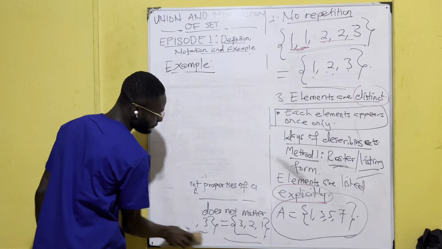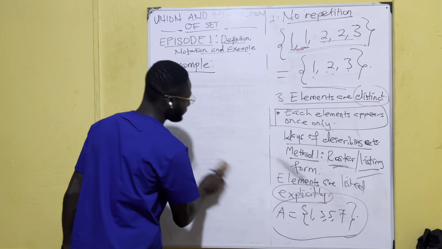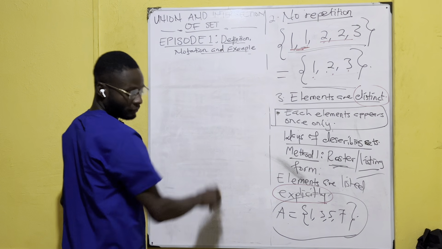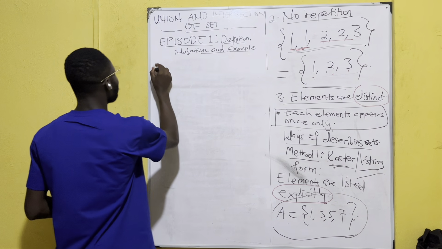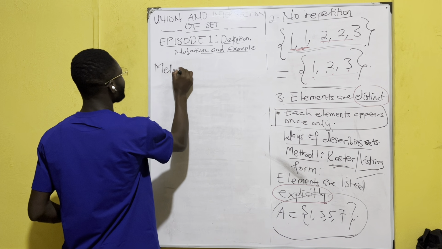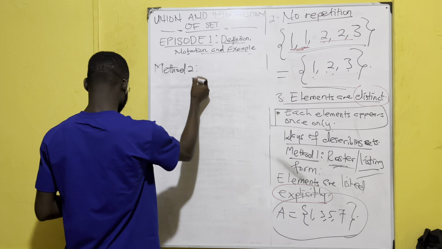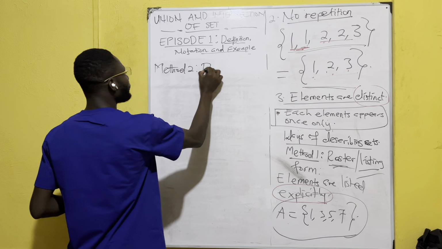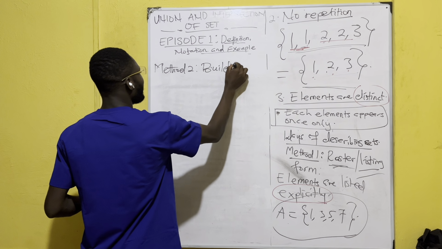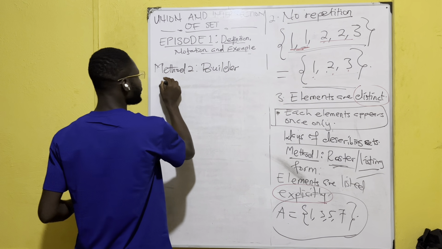Now let's look at the second method in describing a set. Method 2 is builder notation.